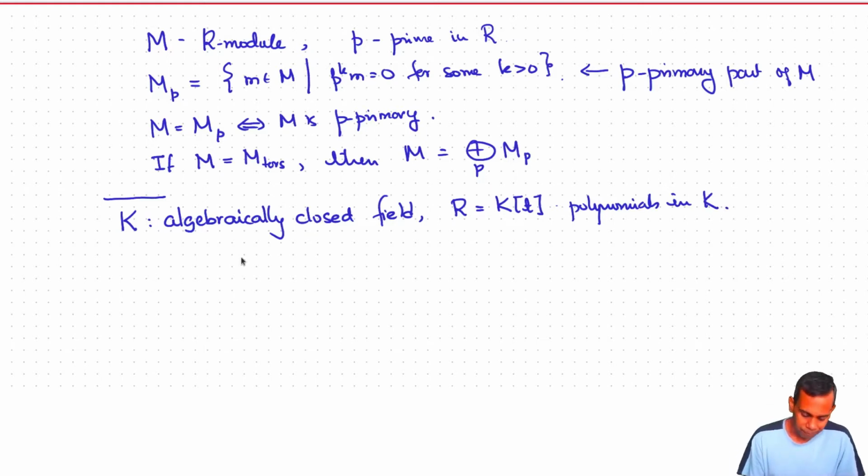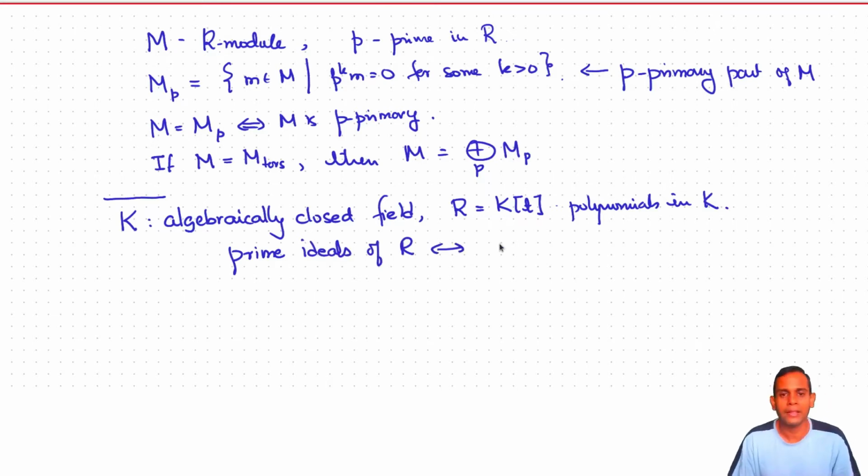Well, we've seen that primes of R are basically linear polynomials, and so prime ideals of R, let's say, each one is generated by a monic polynomial. So each prime ideal is of the form T minus lambda for some lambda in the field K. These are the primes of R.